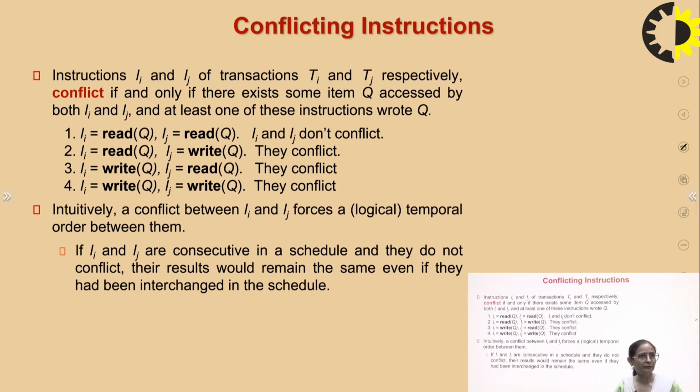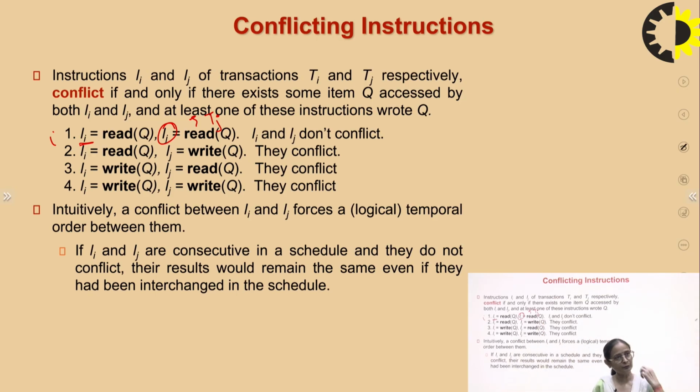If I have two transactions, Ti and Tj, and two sets of instructions, read and write, on a certain data item Q, then there are four possibilities. Here Ii corresponds to an instruction of transaction Ti, and Ij corresponds to an instruction of transaction Tj.